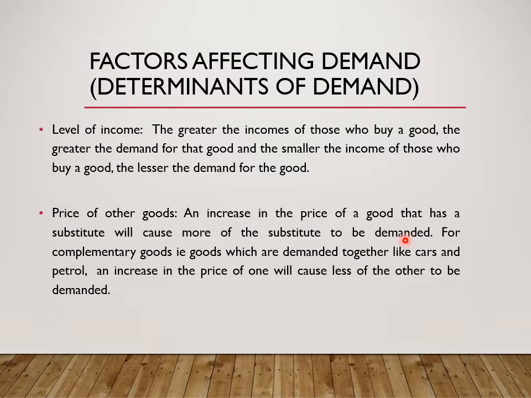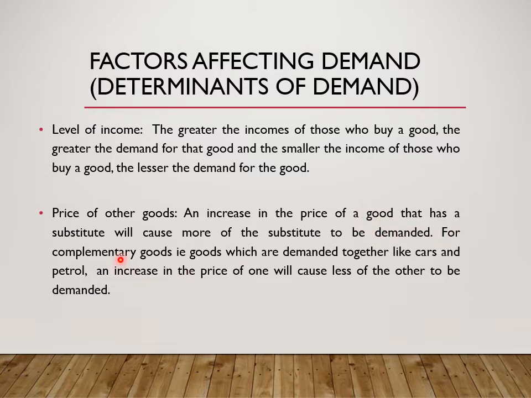If there is an increase in the price of butter, you will expect people to buy more of the substitute to butter, which is margarine. If there's an increase in the price of meat, you will expect people to buy more of the substitute for meat, which is fish.